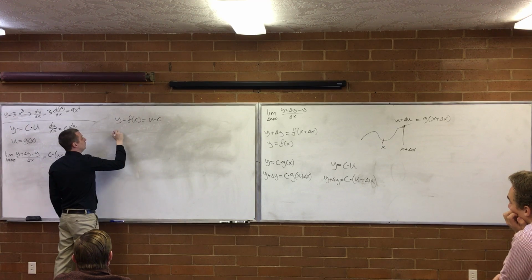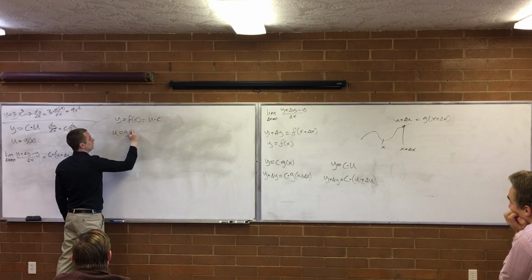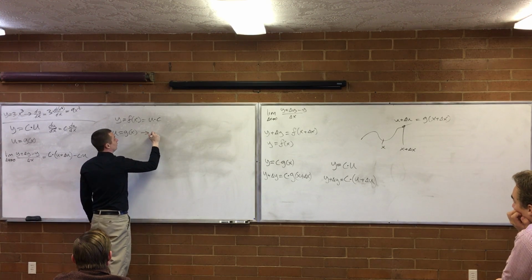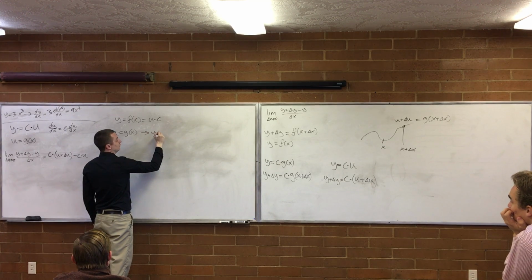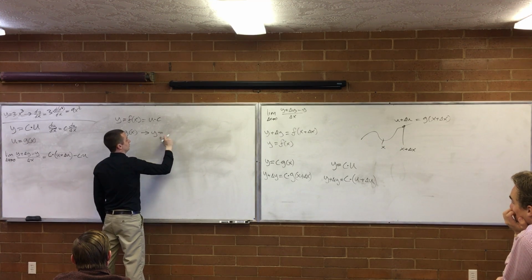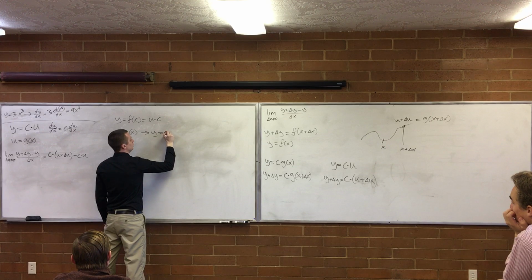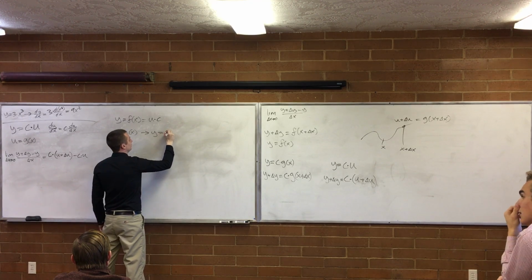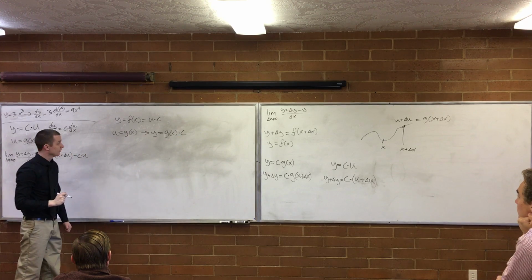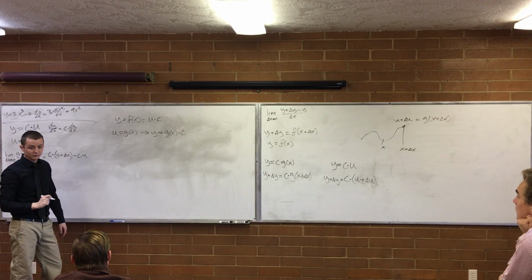But then u is equal to g of x. Which gives that y is equal to g of x times c, right? You good with all that?